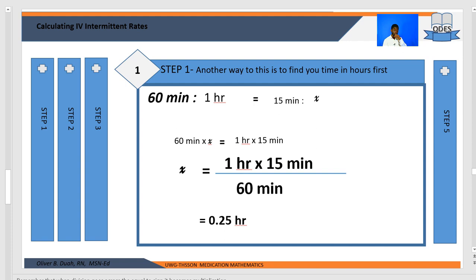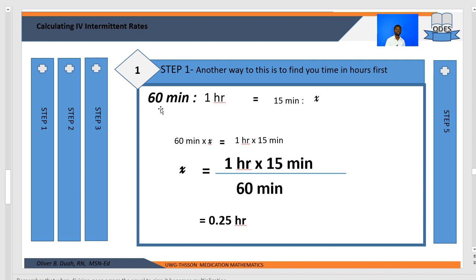We can also do this another way. We can say that 60 minutes is equal to 1 hour, or is to 1 hour. This is equal to 15 minutes to x. So we are looking for the hours, which will be comparable to 15 minutes. That is x. So let's set up our equation.